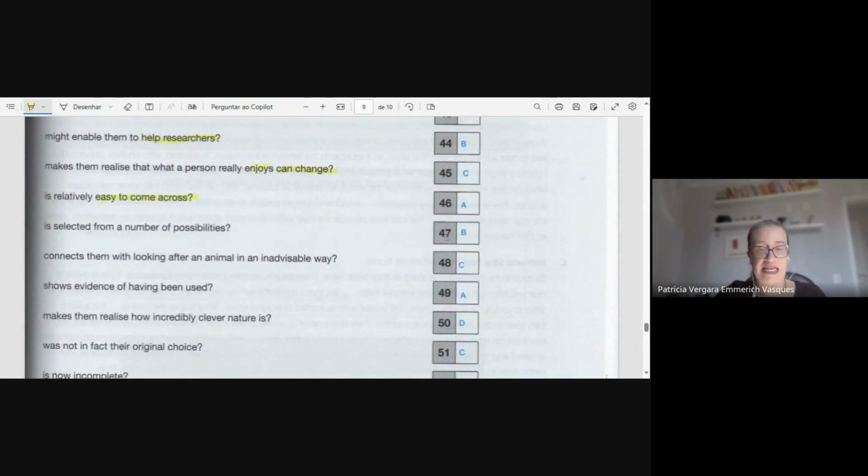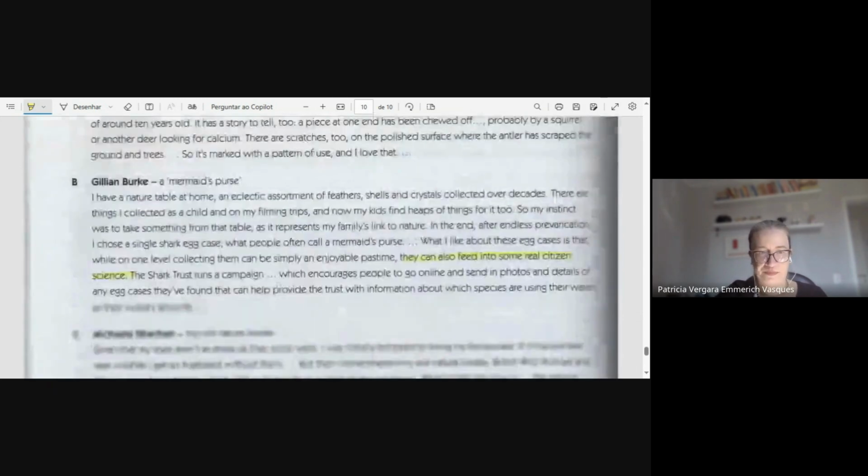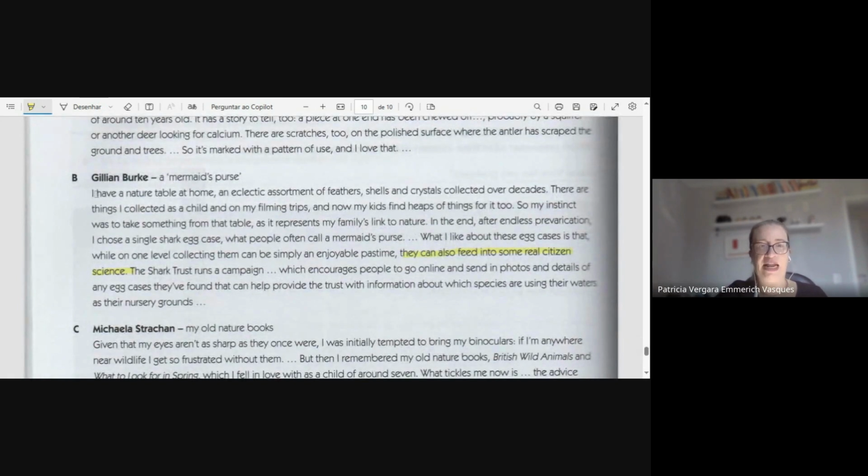47 is B. They give selected from a number of possibilities. So 47 is B here. I have a nature table at home, an eclectic assortment of feathers, shells, and crystals collected over decades. And then I chose a single shark egg case.